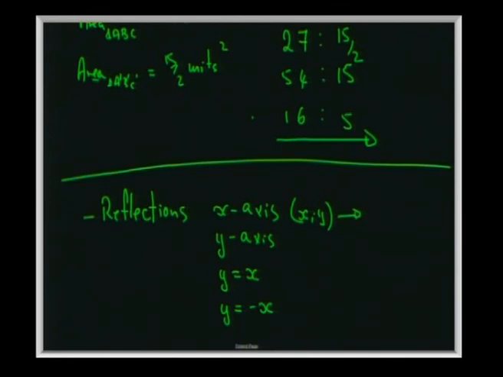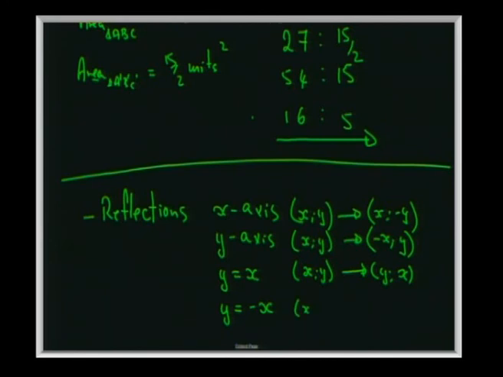In the x-axis, (x, y) became (x, minus y). With the y-axis, (x, y) became (minus x, y). With the line y equals x, we had (x, y) becoming (y, x). And with the line y equals minus x, we had (x, y) becoming (minus y, minus x). So those are the 4 reflections that we've discussed today.